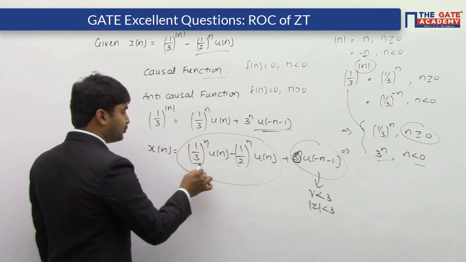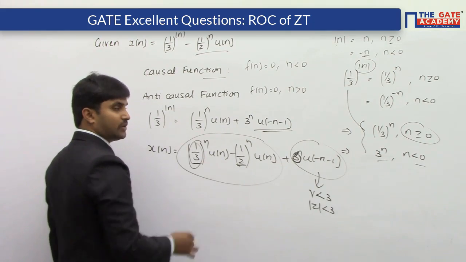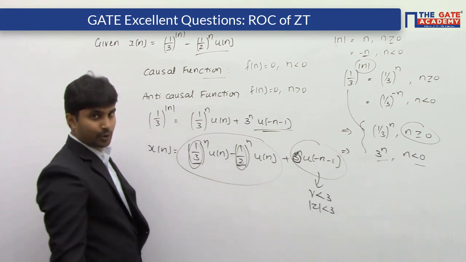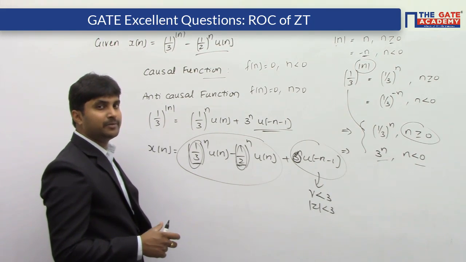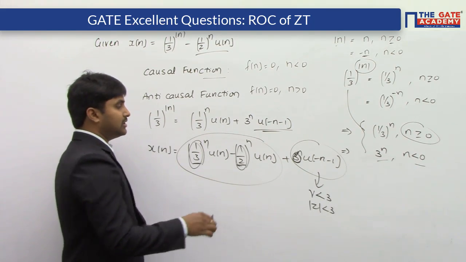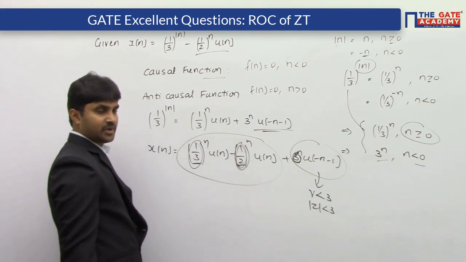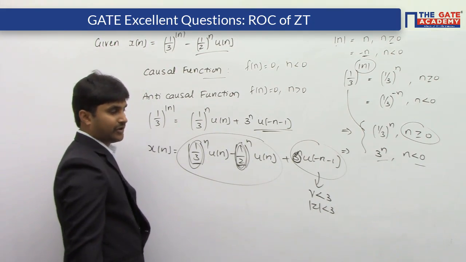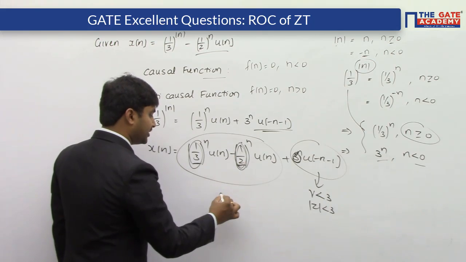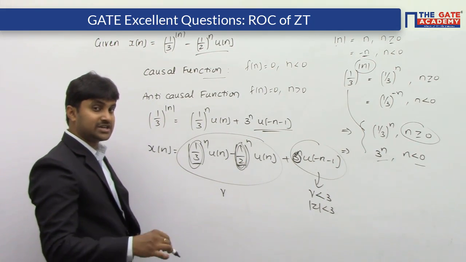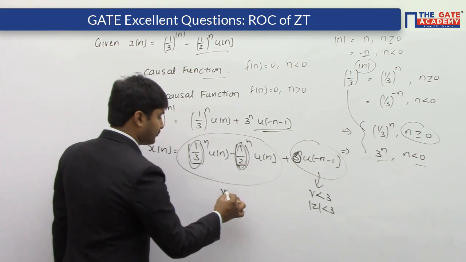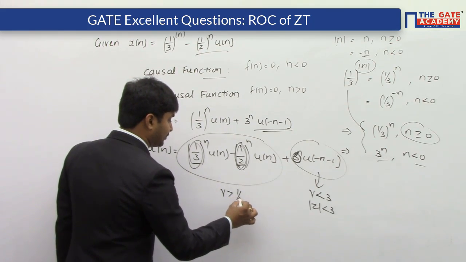And here you have two poles for the causal parts: 1/3 is one pole and 1/2 is the other. So the ROC is going to be bounded by the outermost of the poles, and the outermost pole is 1/2, because 1/3 is smaller than 1/2. The ROC is going to be causal, so the ROC is outwards in nature. Therefore r is greater than 1/2.